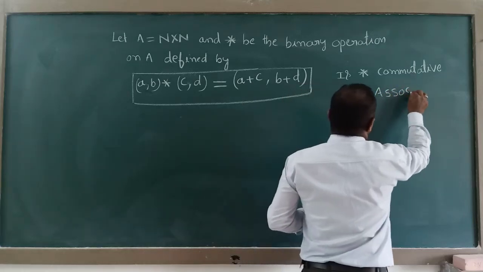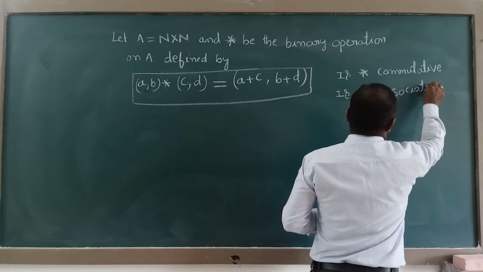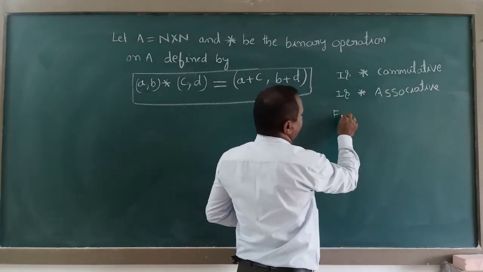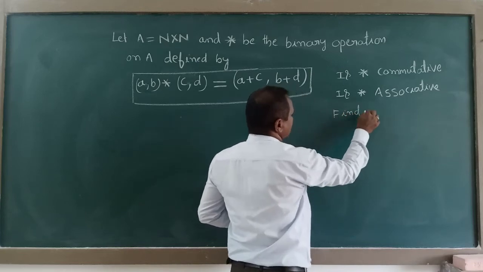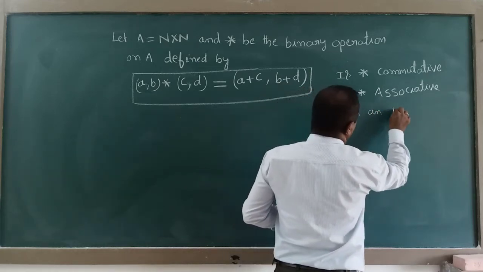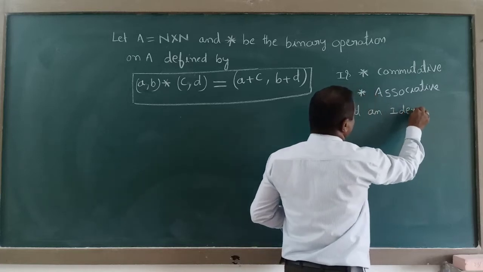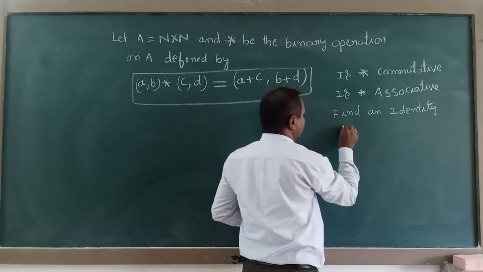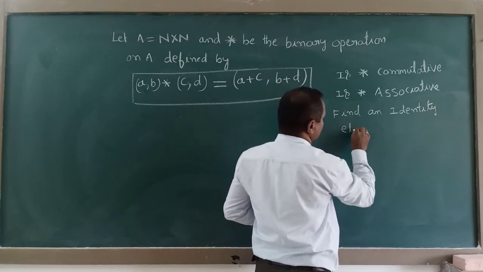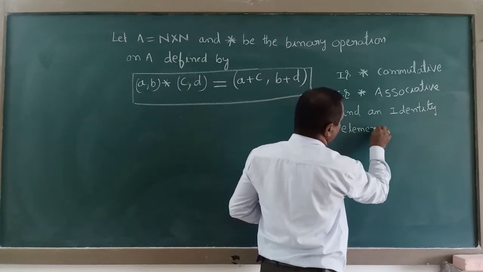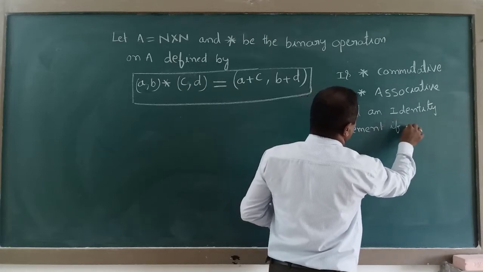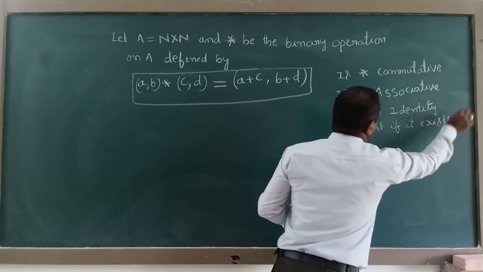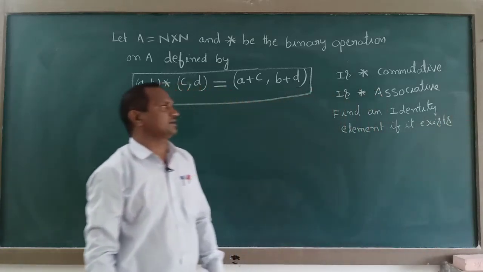And the third: find an identity element if it exists. Like that, 3 questions they are asking.